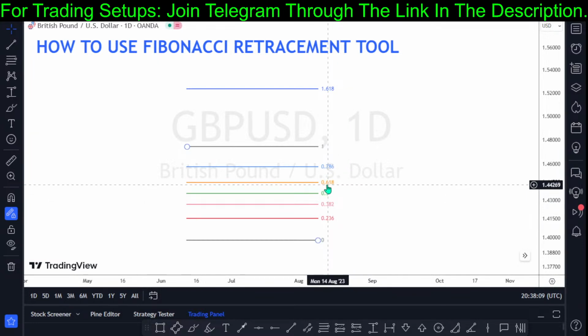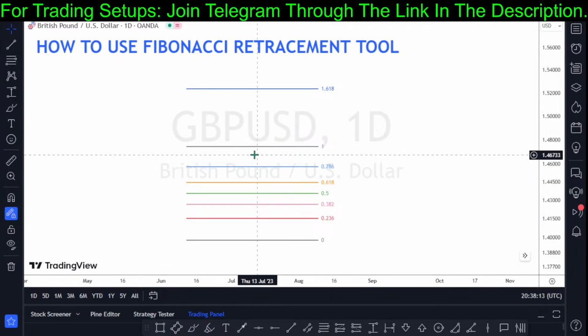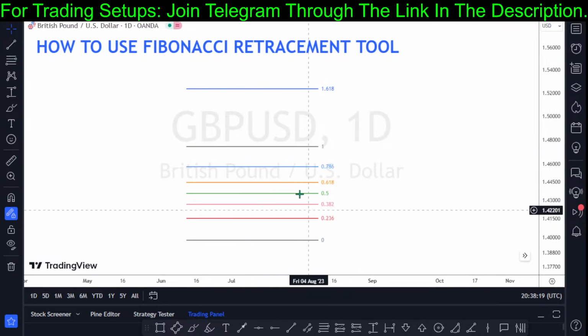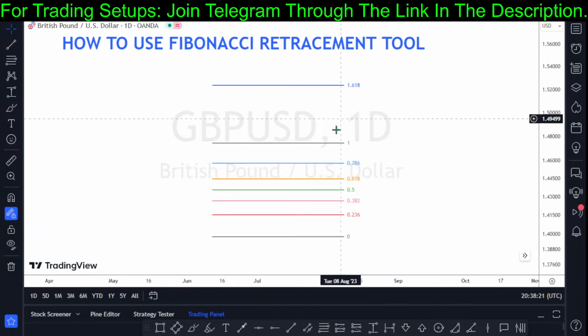We also have the 0.618 level, the 0.786, and the 1 value scale, right? So these are the levels. Of all these levels on the retracement tool, there are some levels which you have to ignore, and there are some levels which are very important in technical analysis. So you need to take these levels into consideration, right?